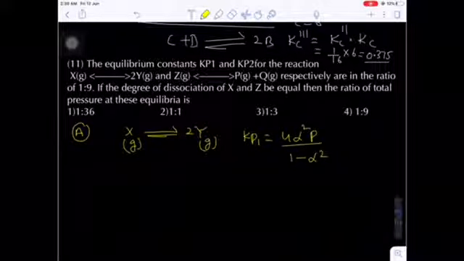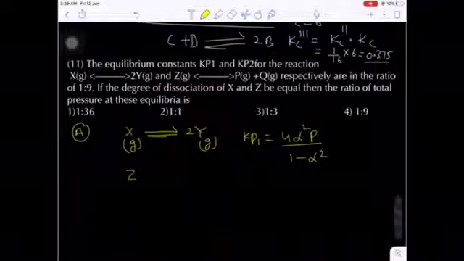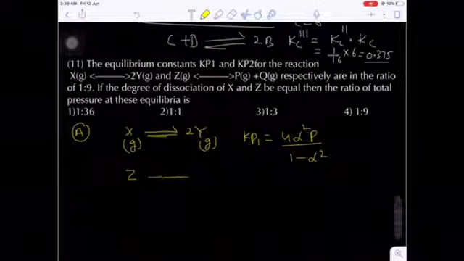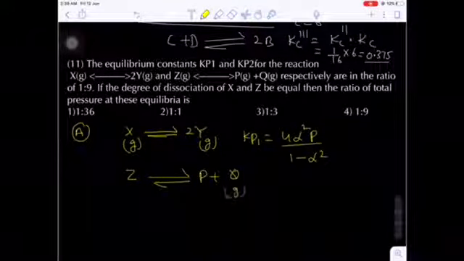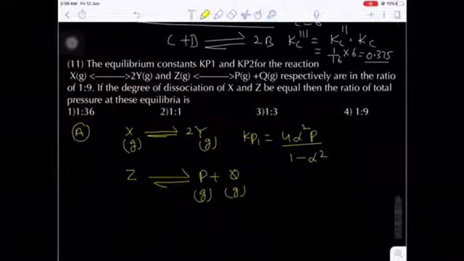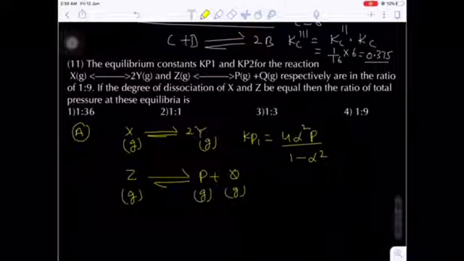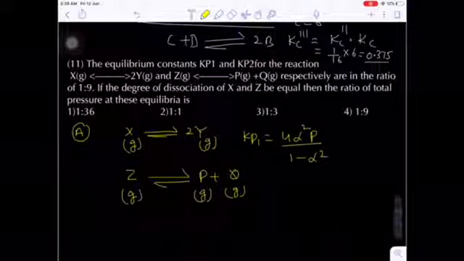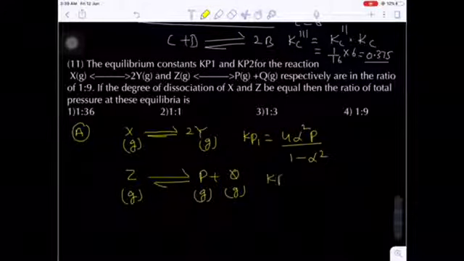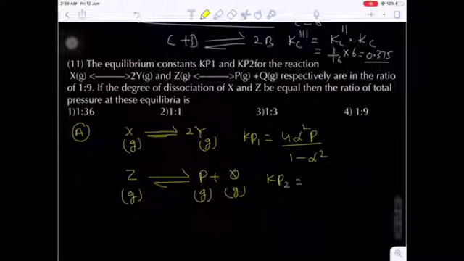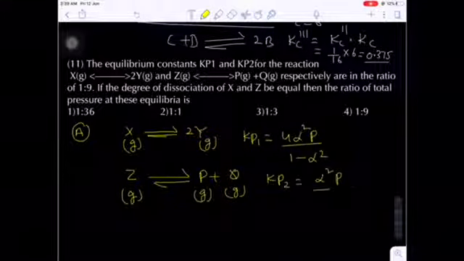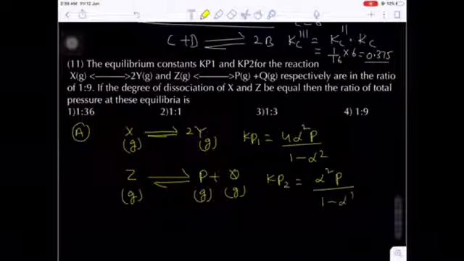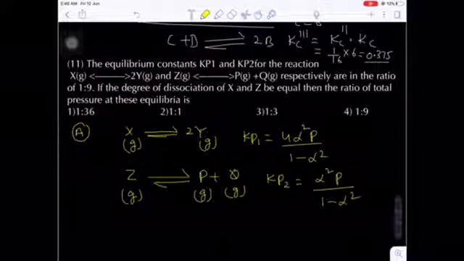Okay. Now, number 2, another reaction is given: X gives P plus Q. This is also a 1:1:1 system, A gives B plus C. Example, PCl5 gives PCl3 plus Cl2, where we derived that the equilibrium constant Kp is equal to alpha square P by 1 minus alpha square.